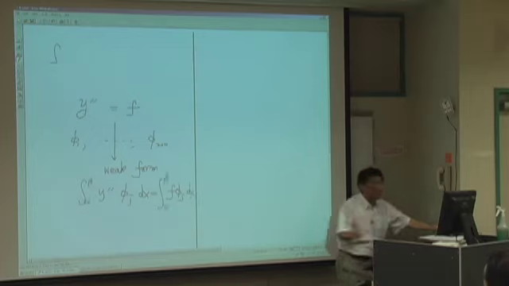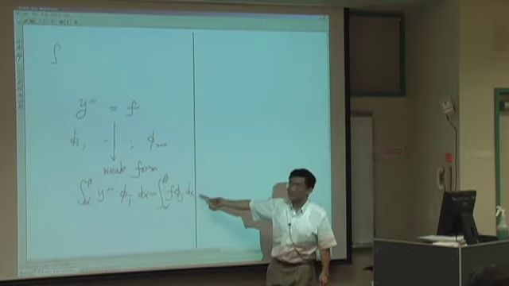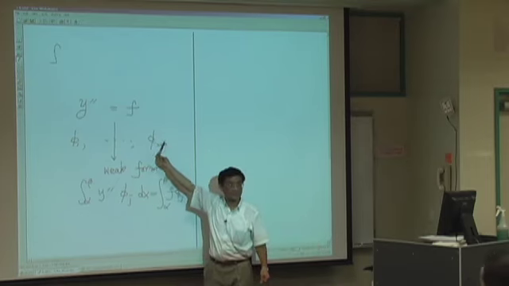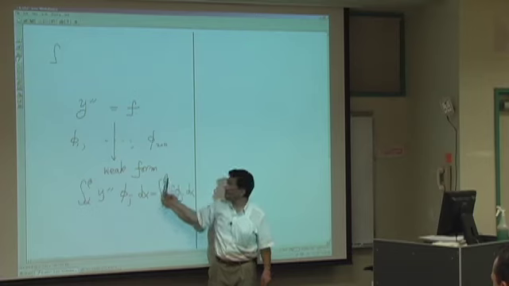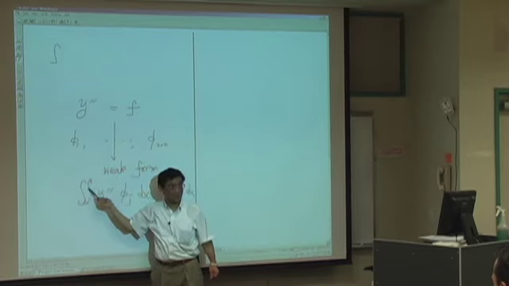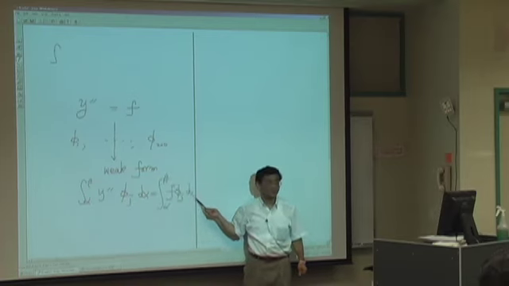Then how many equations can you create? If we use the weak form instead of the given equation, how many equations can you create here? For each phi sub i, we can create one equation. So a total of 200 equations can be created in the weak form.